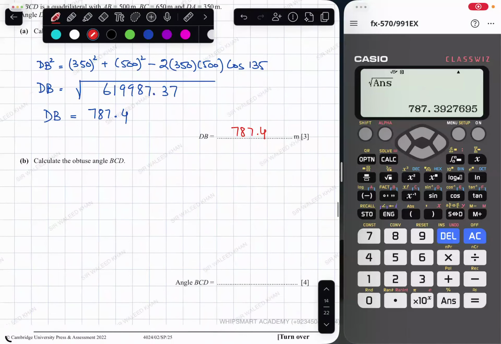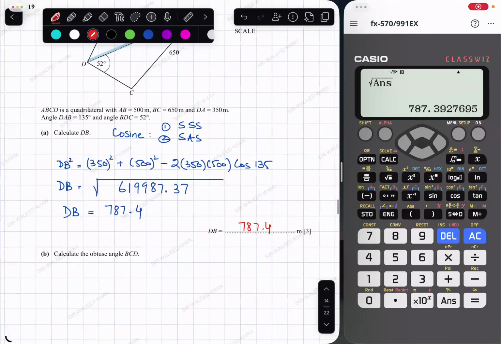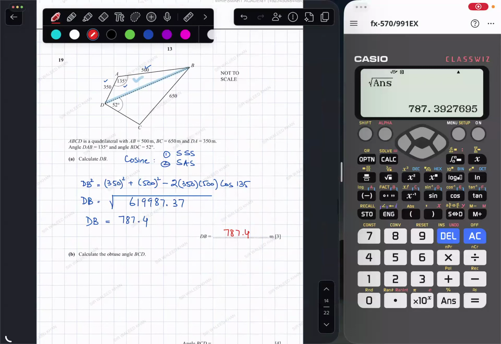Calculate the obtuse angle BCD. So angle BCD, where is BCD? B, C, and D. This over here. Now that I have this 787.4, I can use the sine rule.